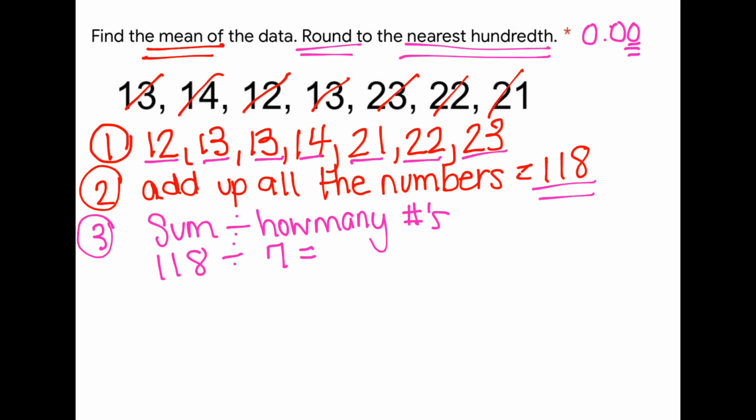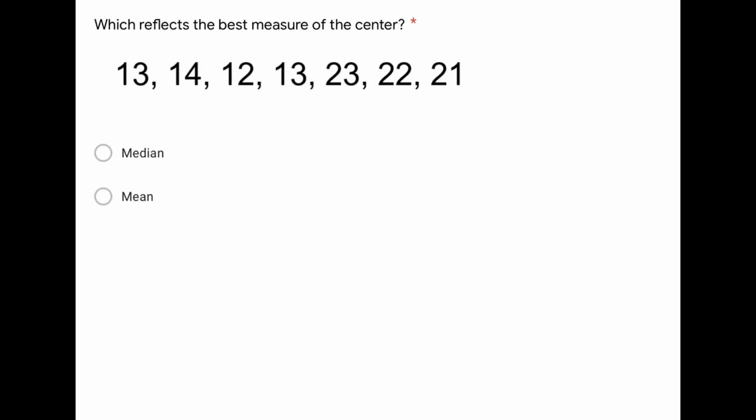You're typing in 118 divided by 7 and rounding to the nearest hundredth. That will give you the answer to the mean of this data set, which reflects the best measure of center.